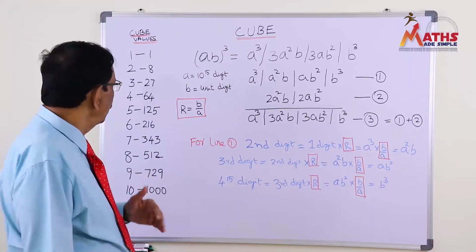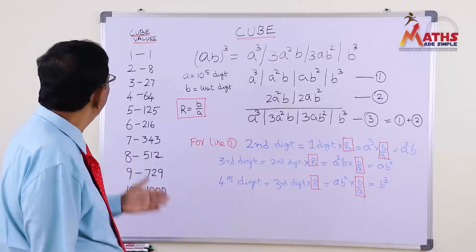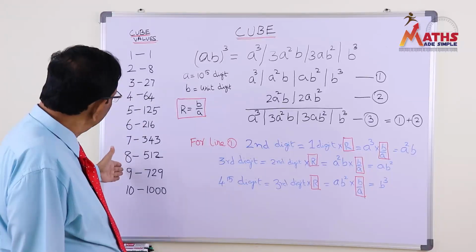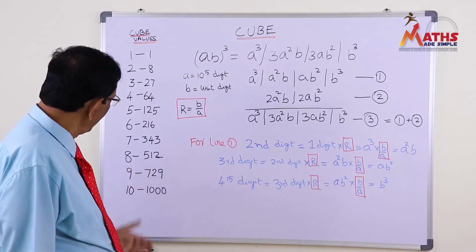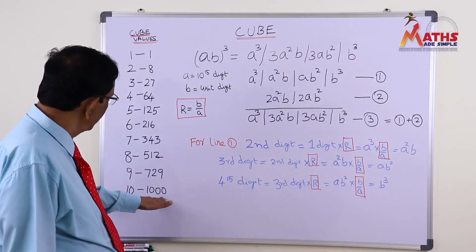With this concept, now you understand what the value of a cube is. For every unit digit, I have written the corresponding cube value here, and I have written it for 10 also, which is 1000.